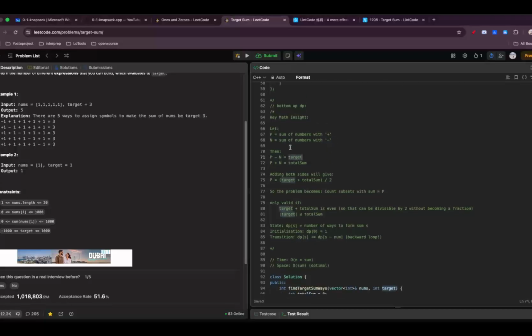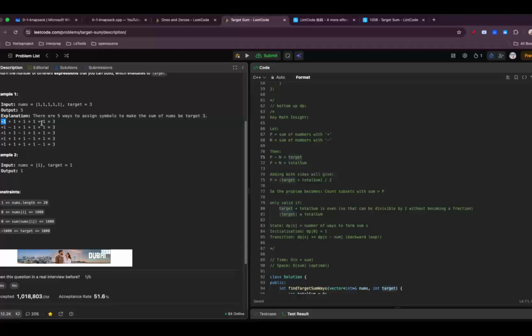If we subtract all the negative numbers from all the positive numbers, that will give us the target. Like if we have two subsets where the positive numbers and negative numbers are such that we get the target, because anyhow we need a target, and we need to assign those positive and negative numbers in such a manner only. In this scenario, there is only one possible way to split all the positive and all the negative numbers.